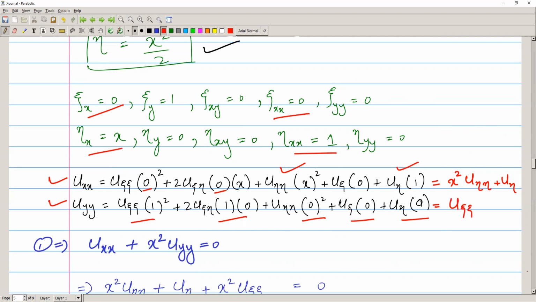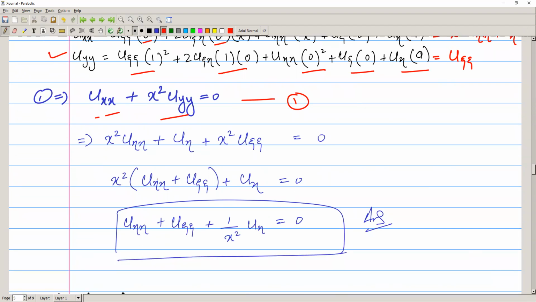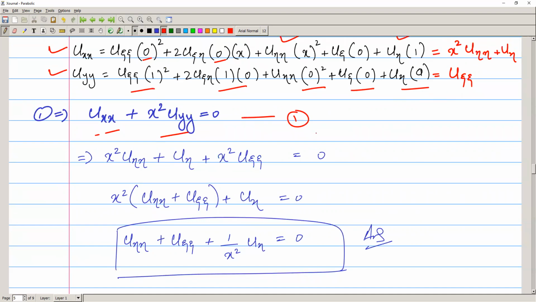Now we will plug these into the original equation. That's equation number 1. So we found uxx, uyy, so we plug in the values. So x squared times u eta eta plus u eta plus x squared times u psi psi, right?